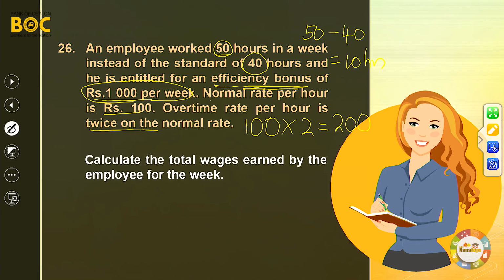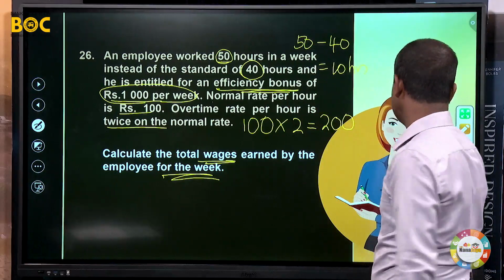Calculate the total wages for the week. His total wages consist of 3 elements: basic earnings for 40 hours, efficiency bonus, and overtime payment.